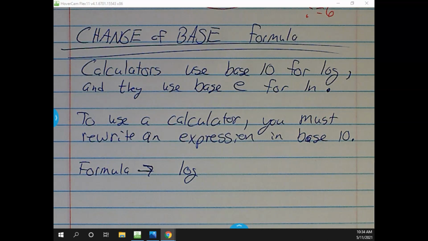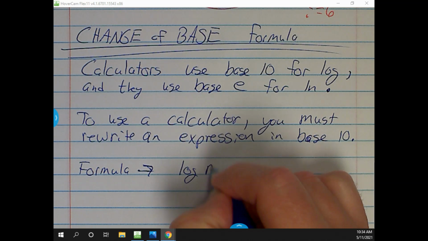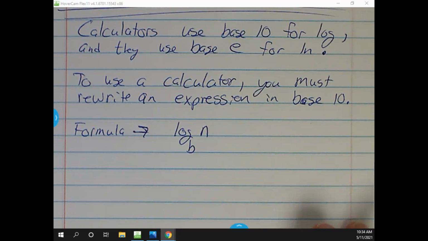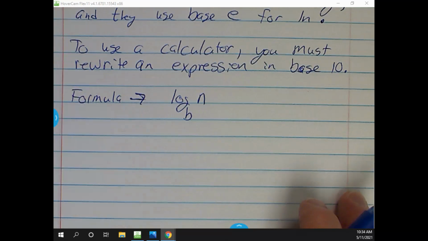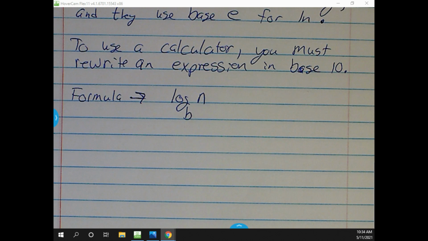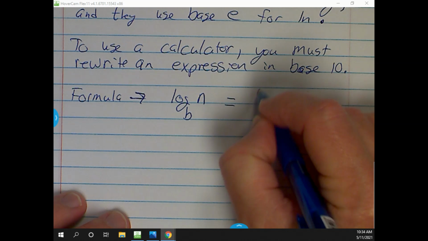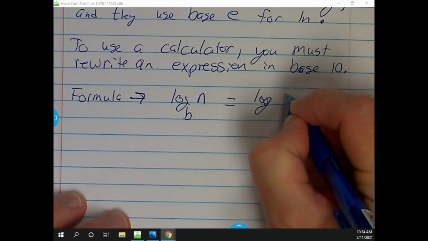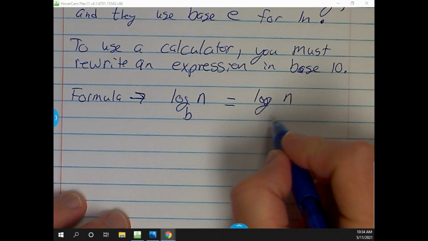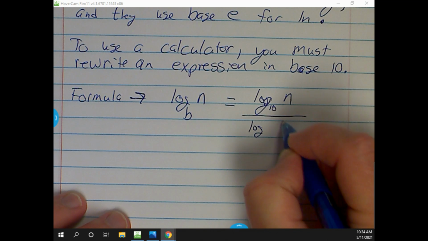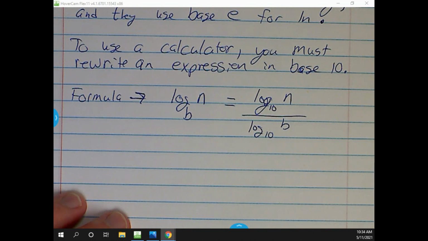So if you have the log of some number where the base is not 10, it doesn't matter what it is, what we're going to do is rewrite this as the log of n base 10 divided by the log of b base 10.